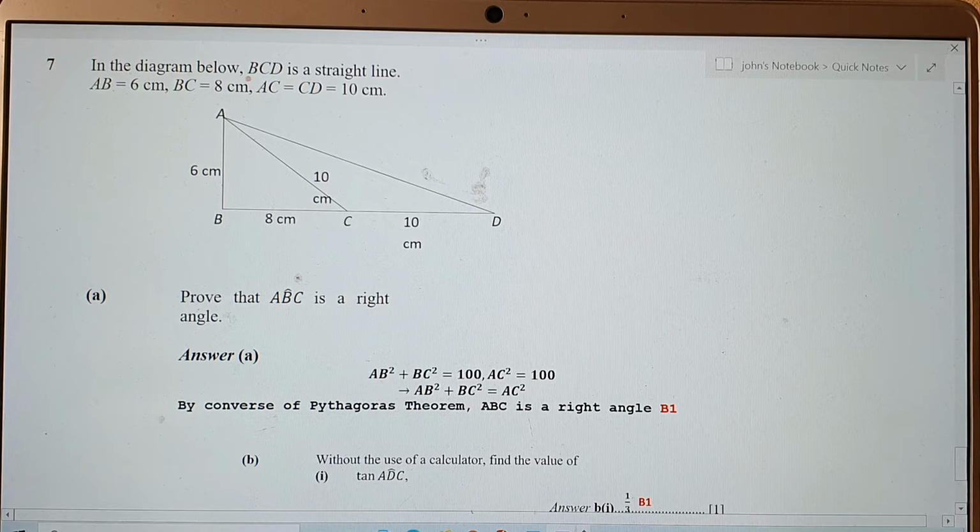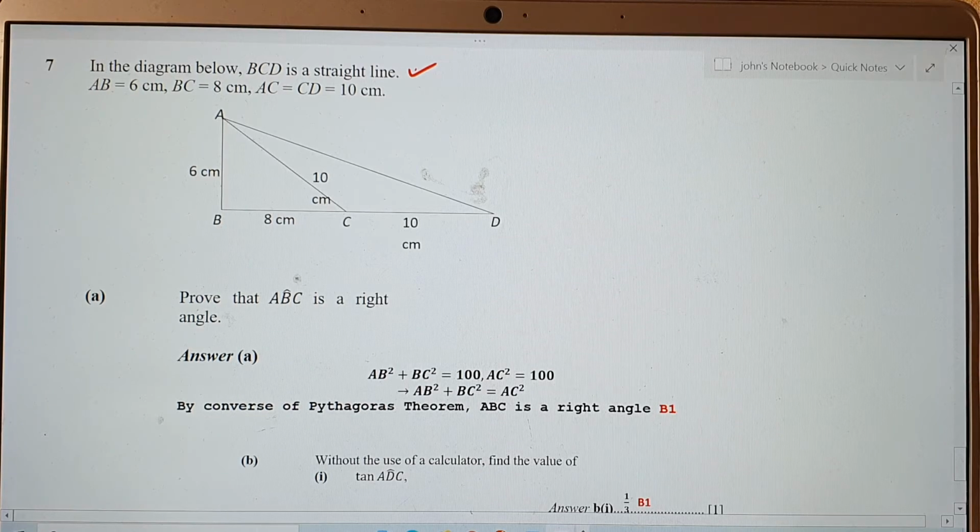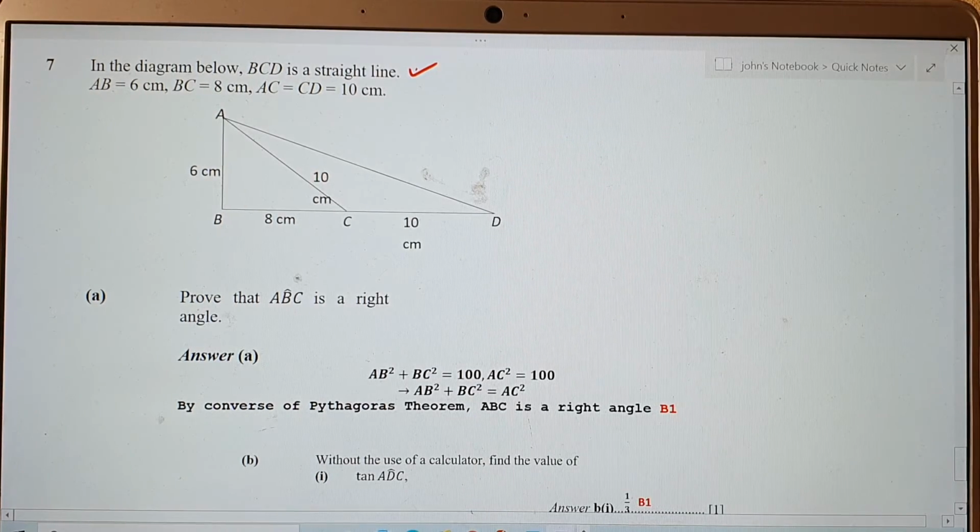Now, in the diagram below, BCD is a straight line. So you just check all these questions, that my diagram, I understand what it's trying to tell me. And you check that they're labeled, AC, yes. This one is isosceles, then you label here isosceles so that you know it is isosceles.